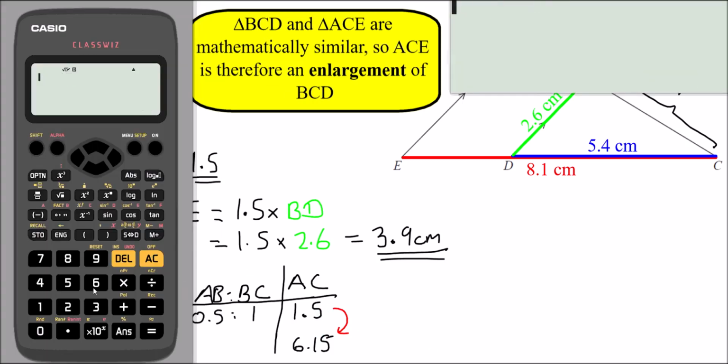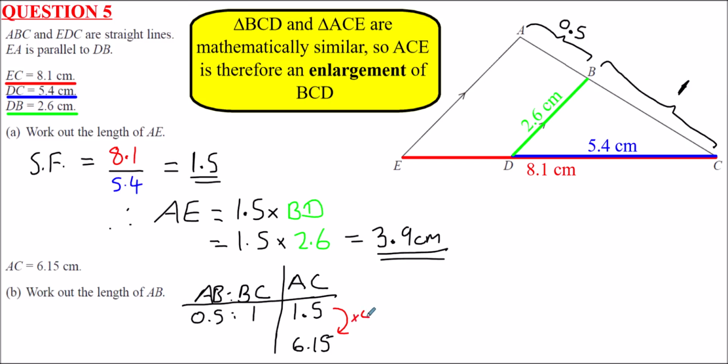If we try that next, 6.15 divided by 1.5 gives us 4.1. So we need to multiply all bits of this ratio relation by 4.1. So for AB, we do 0.5 times 4.1.